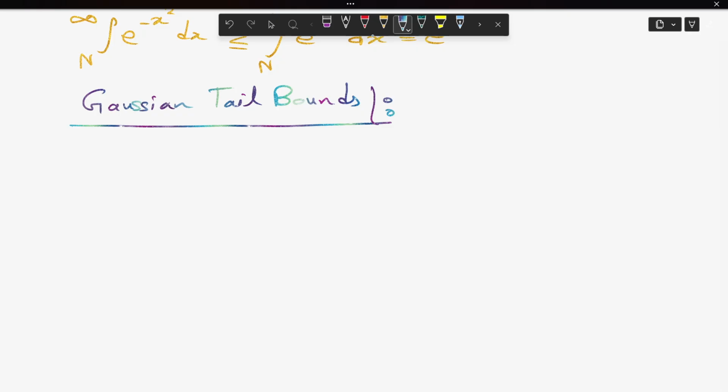If we use this here, then the integral from n to infinity of e to the power minus x squared dx is bounded by e to the power minus n squared by 2n, for n greater than 0.